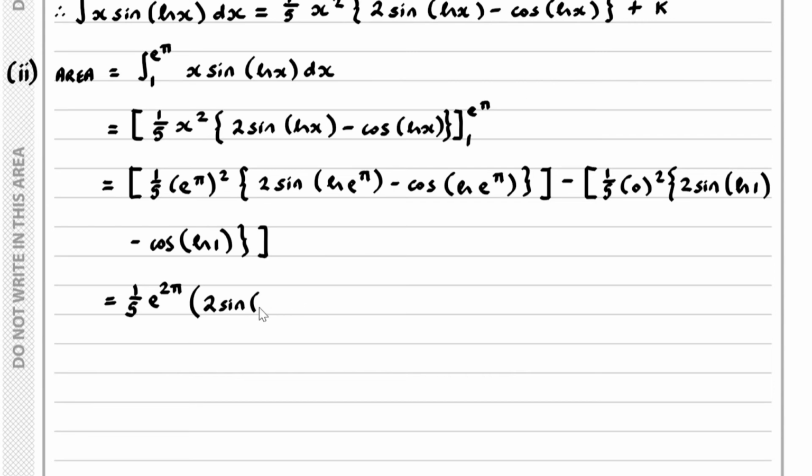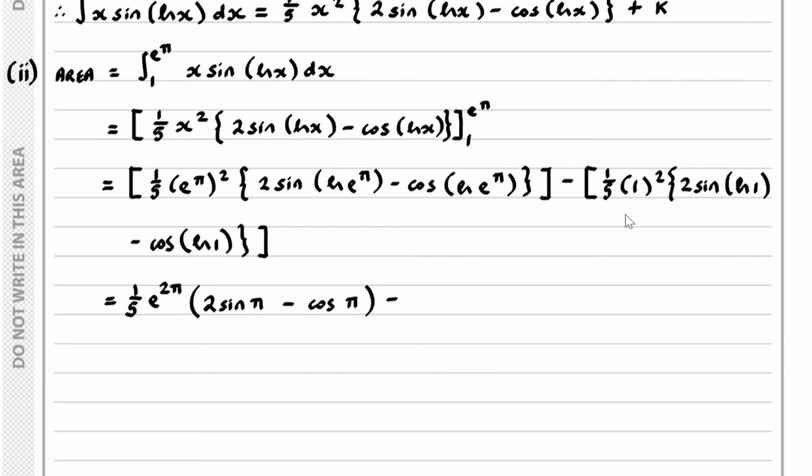So I've got here the sine of pi minus the cosine of pi, same idea. The natural log of e to the pi is just pi. Then I subtract, well here I'm just going to end up with 0. So I don't need to worry.